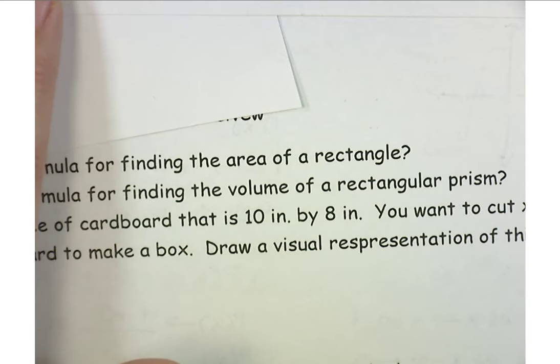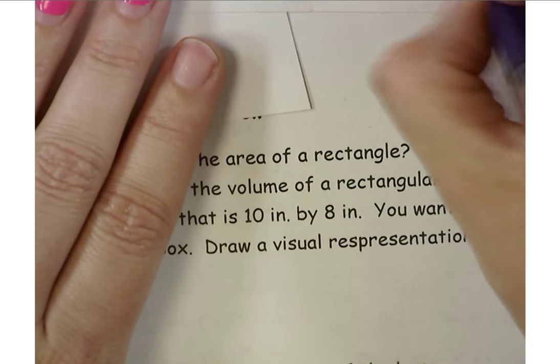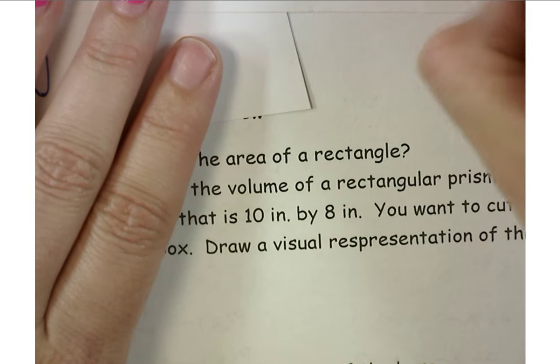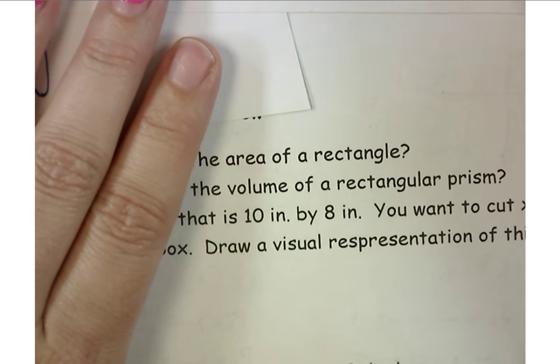Yes, and that's the equation. So then for the area of the base, if you want to leave it as 10 minus 2x and 8 minus 2x, you can. You could also FOIL that out.